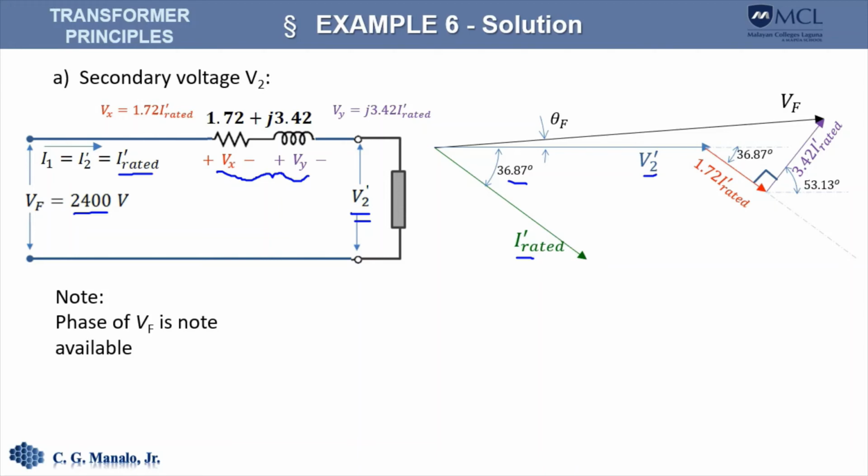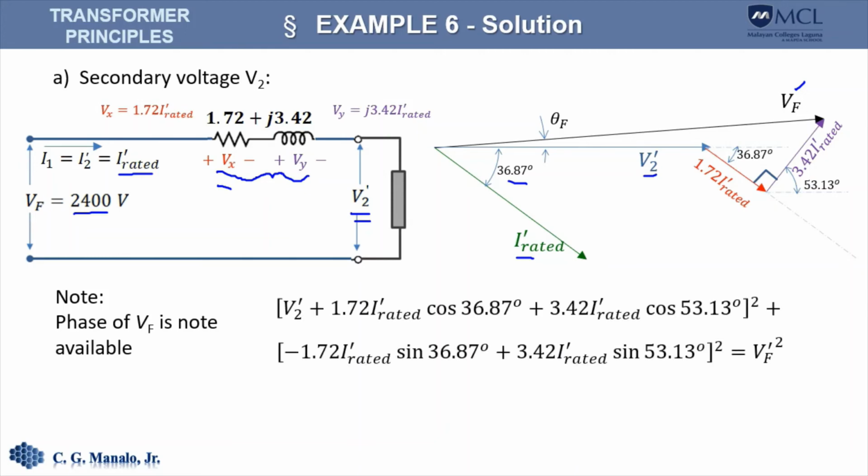Take note that while we know that the sum of the phasors V sub x, V sub y, and V sub 2 prime must equal the phasor V sub f, we also notice that the sum of the square of the horizontal components of these voltages plus the sum of the square of the vertical components of these voltages must equal the square of the magnitude of V sub f. So let's do that.